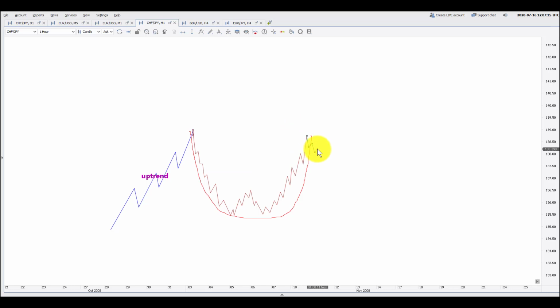But this decline is not more than half of the height of the cup, and then it starts an advance and eventually breaks through this. Now what does it break through? If you join this high and this high, then it becomes your trend line, or you call it a neckline.